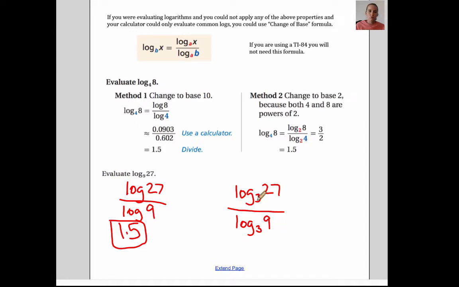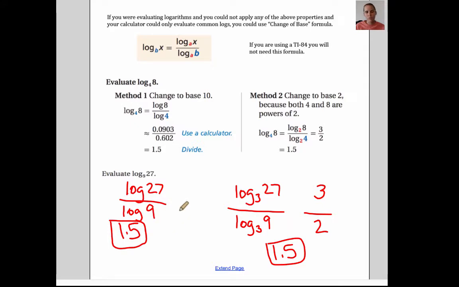I know that 3 to the third power is 27, so the numerator simplifies to 3, and 3 squared is 9, so the denominator is 2. 3 over 2 is 1.5, which is the same answer that we got over here.